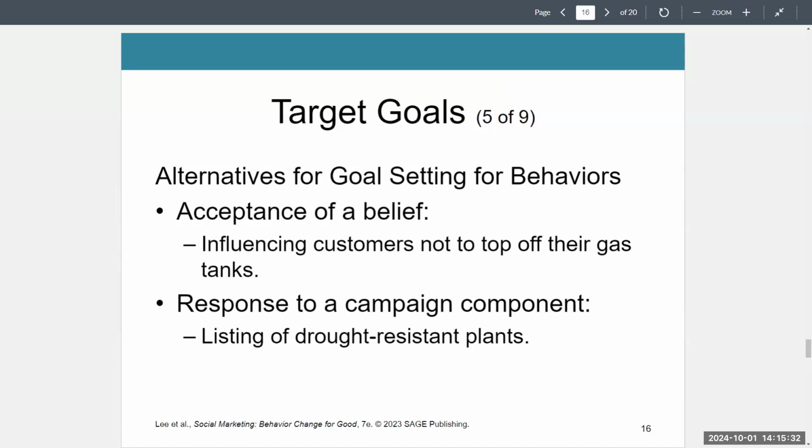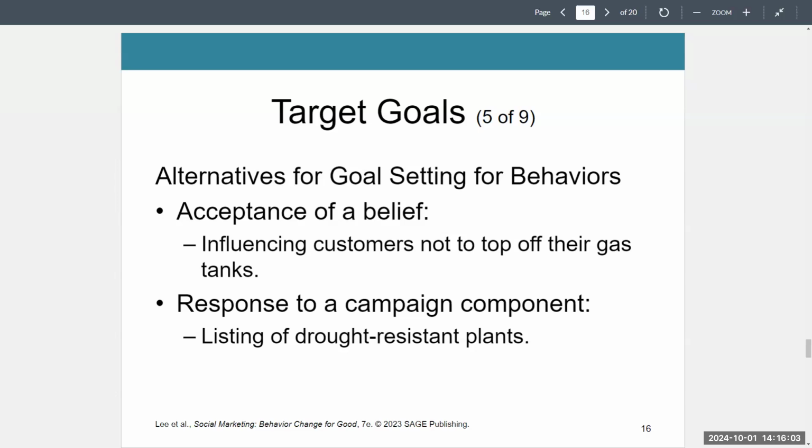So, for example, if your campaign aims to promote fuel conservation, a goal could be to influence customers not to top off their gas tanks. And so, by targeting beliefs and behavior, you can effectively promote change. So here you're not setting goals for behavioral change, you're setting goals for acceptance of beliefs.